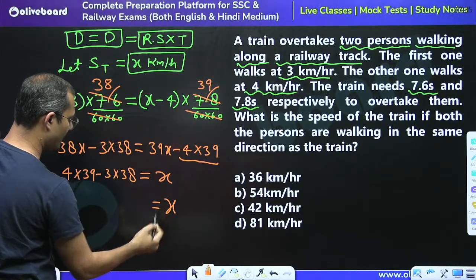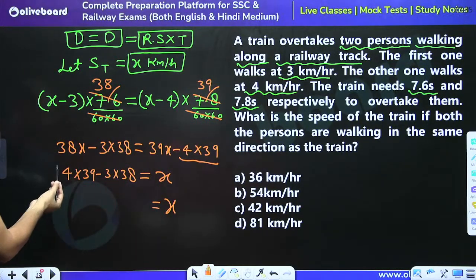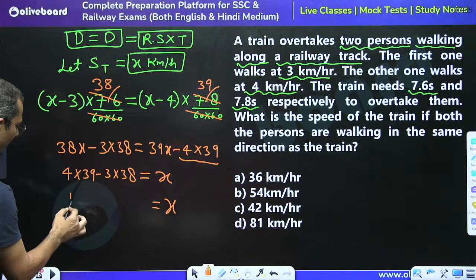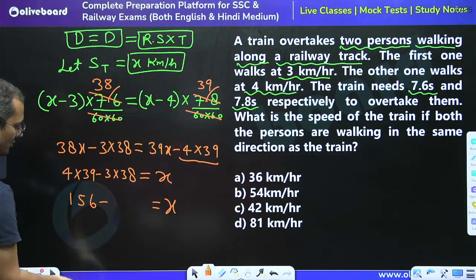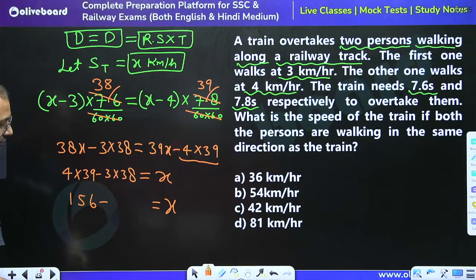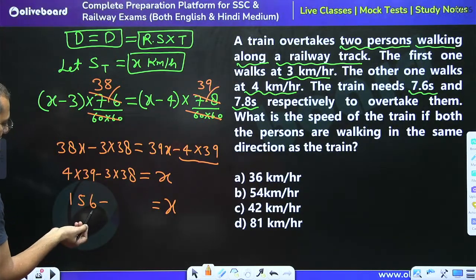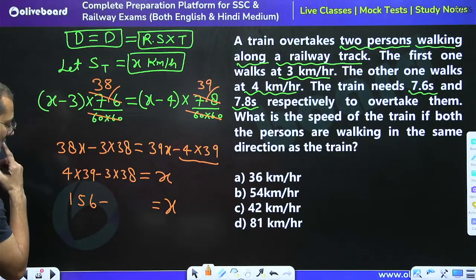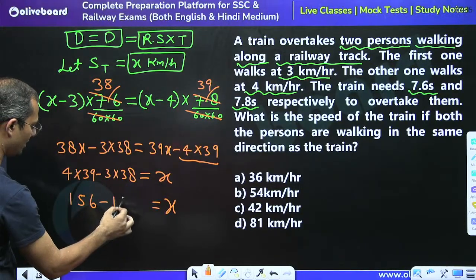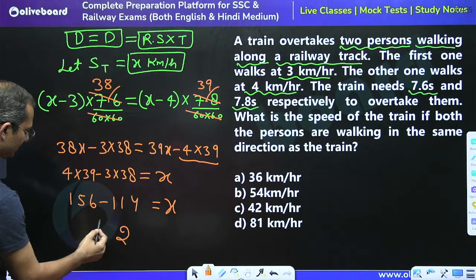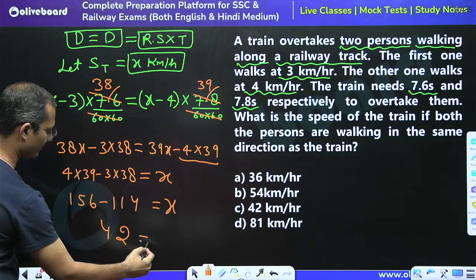Just multiply: 4 into 40 is 160, 160 minus 4 gives 156. 3 into 40 is 120, 120 minus 6 is 114. So 156 minus 114 gives 42.